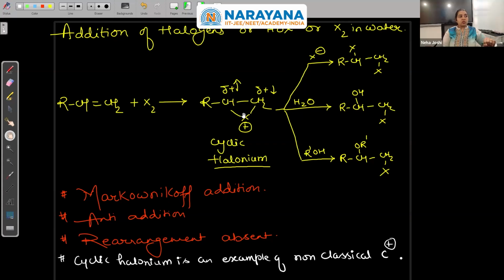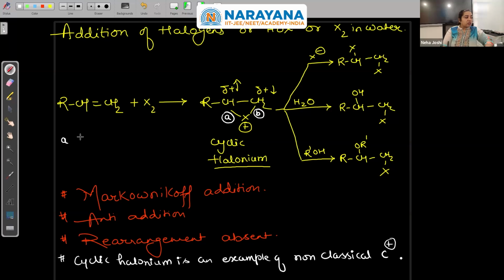So this cyclic halonium is not uniformly bonded on both sides. One of the bonds, say the A bond or the B bond, is going to be weaker.